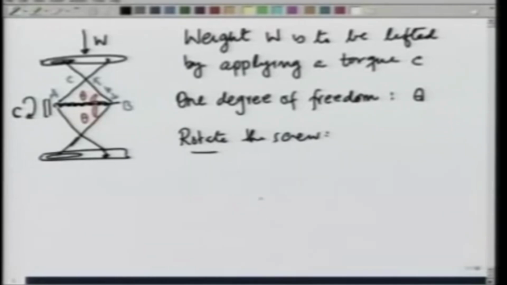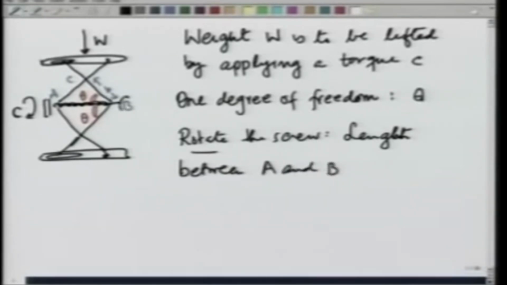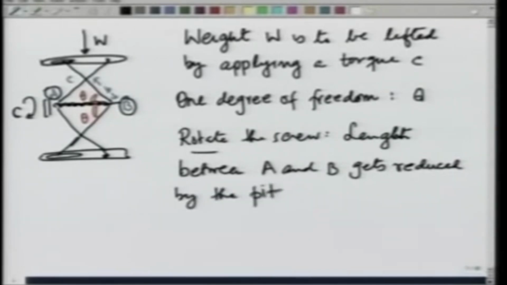In rotating the screw, the length between A and B, that is these 2 points, gets reduced by the pitch of the screw for a full rotation.